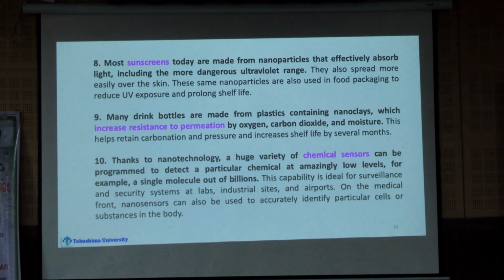the small pores. Then chemical sensor, there are many sensors available. If there is a gas leak, sometimes we have an LPG sensor or gas sensor in our home. If there is leakage in the gas, we can see the alarm.